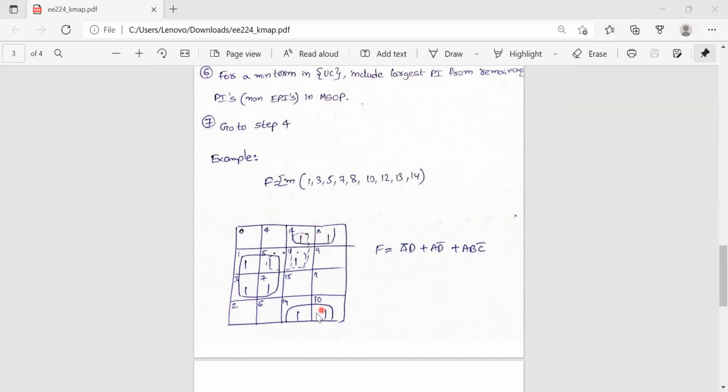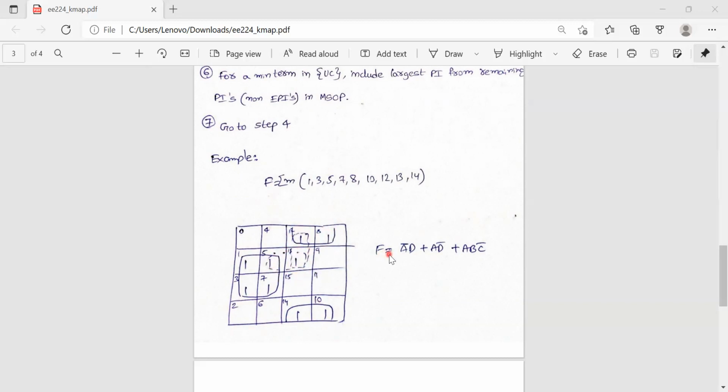Once we fill this, next we try to encircle the ones by the largest possible cubes or rectangles. This is a circle, this is a circle, this is a circle. These are the prime implicants, and these two are supplementary implicants. If we take one, it is enough, so we will take either this or this.